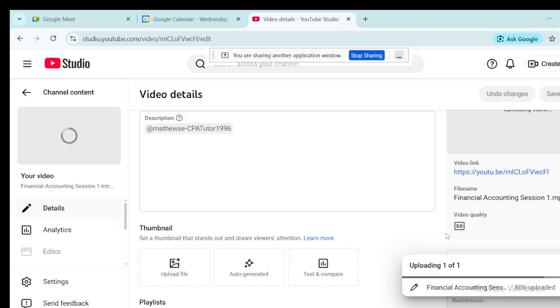What are you able to see on my screen? Let me open it. You're not able to see anything except the video details.